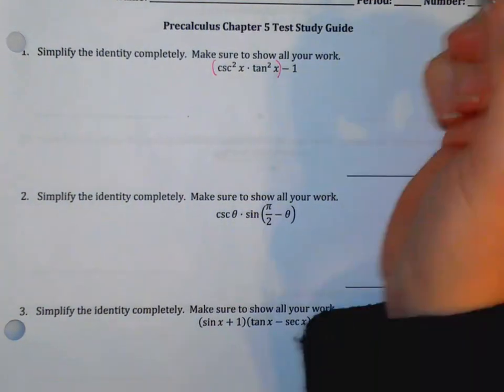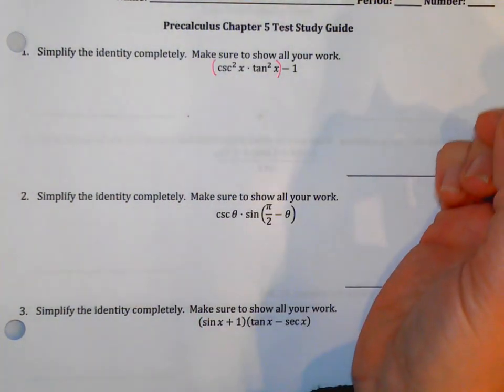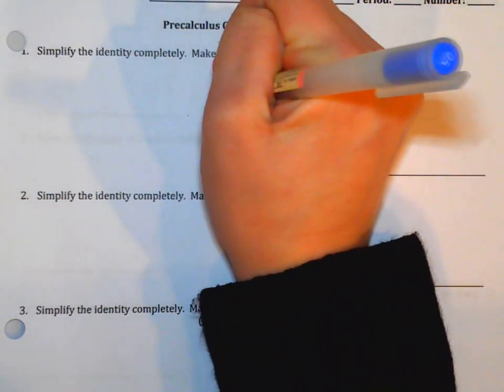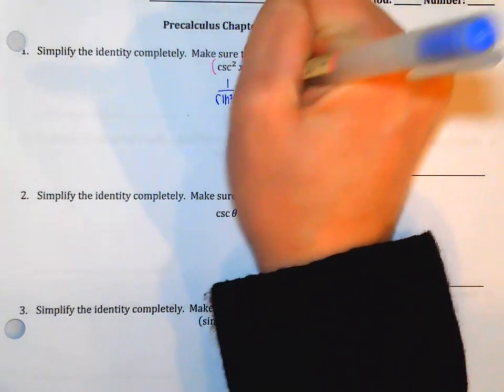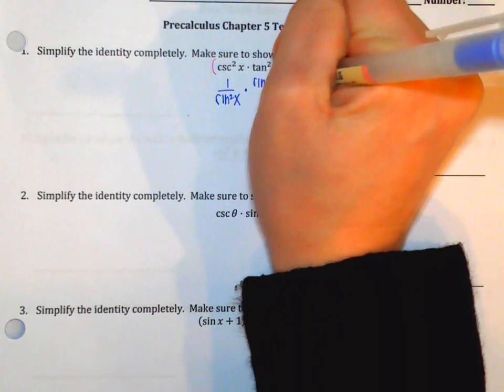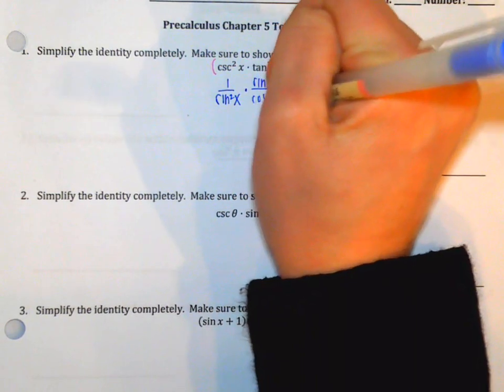So I would rewrite everything to simplify in terms of sine and cosine. That would be 1 over sine squared x times tangent squared x, which is sine squared x over cosine squared x.